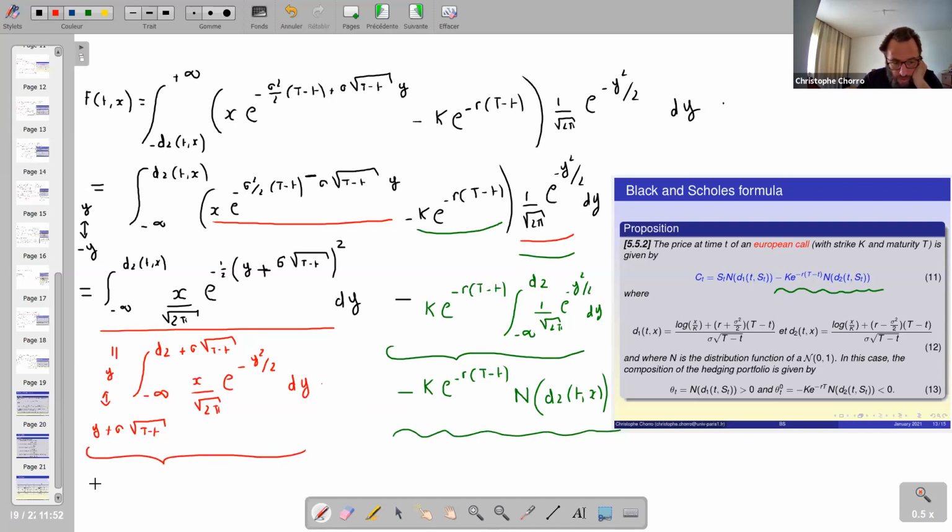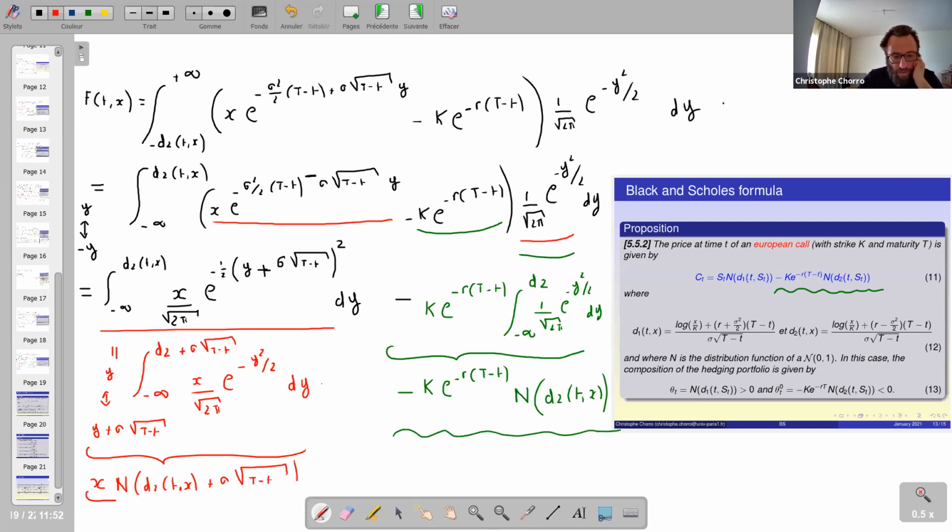I can remove the x from this because it doesn't depend on y, and then I have the integral between minus infinity and this term of the N(0,1) density. So I have N of d2(t,x) plus sigma the square root of capital T minus t.